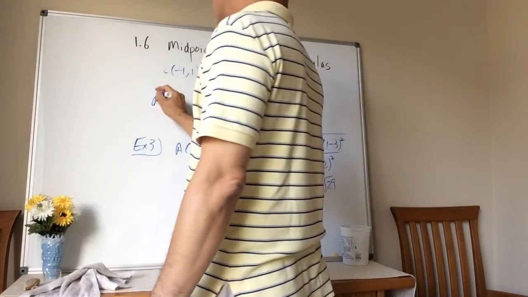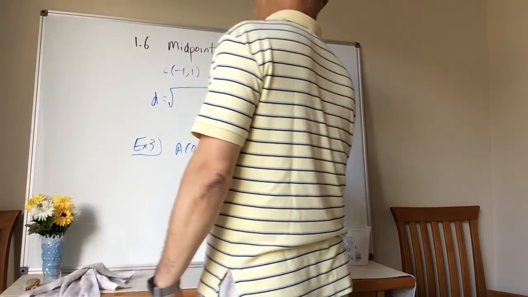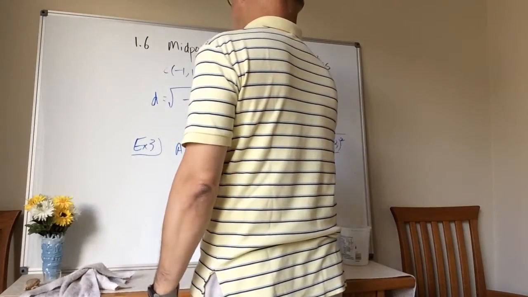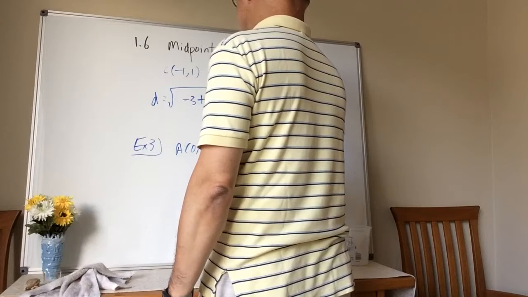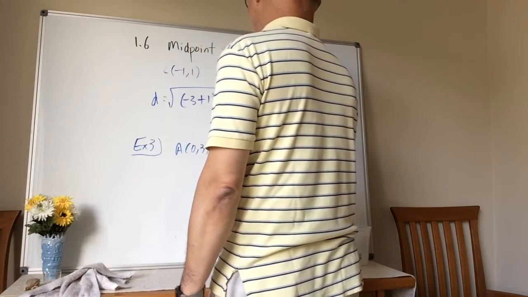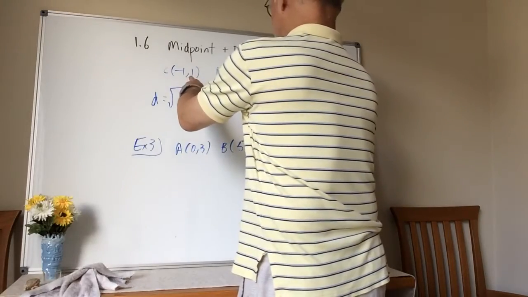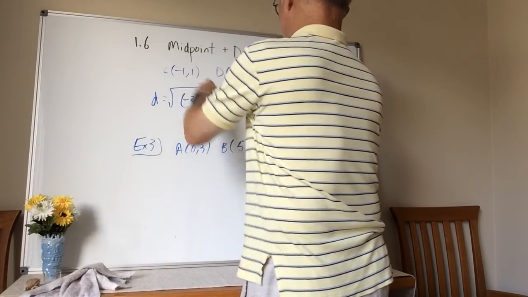So the distance equals x2 minus x1. Negative 3 minus 1, so it becomes positive squared, plus negative 4 minus 1 squared.